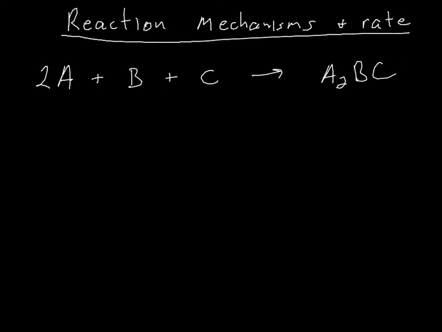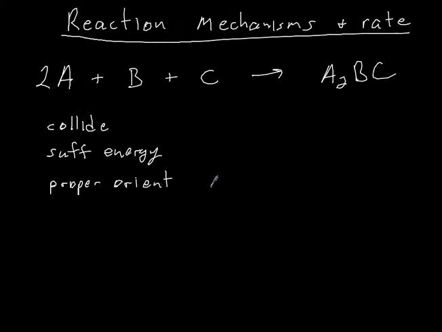Remember, collision theory says that for these reactant particles to react with each other, they need to first collide with each other, then collide with sufficient energy, and then collide with proper orientation, the proper geometry or spatial arrangement, for the reaction to occur. Otherwise, they just bounce off of each other.